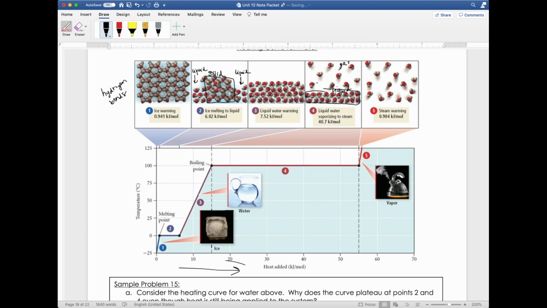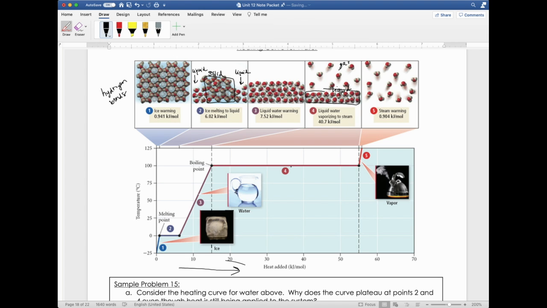Because in order to get something to be a gas, like we talked about in that gas law section, gas particles are very far apart relative to their size. So in order for them to be very far apart, we have to break every single hydrogen bond, and that requires a heck of a lot of energy, which is why this line is super duper long as we progress here.